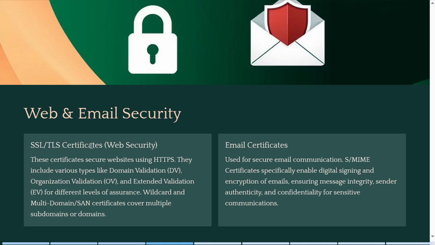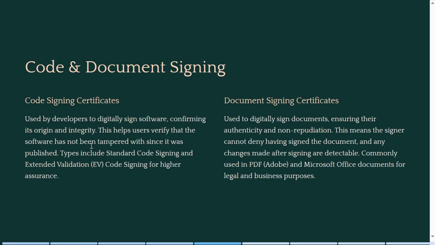Okay. Next are the code and document signing certificates. Most folks use code signing certificates but don't know that this is a certificate. Whenever a developer creates code, they will digitally sign that code, stating that they are the owner of that code.